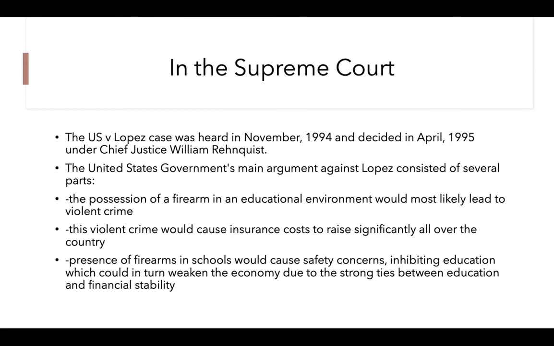You have fewer people in those particular areas and those particular viewpoints and perspectives, which in turn could weaken the economy due to the strong ties between education and financial stability. So with more education comes much more financial stability for an individual.